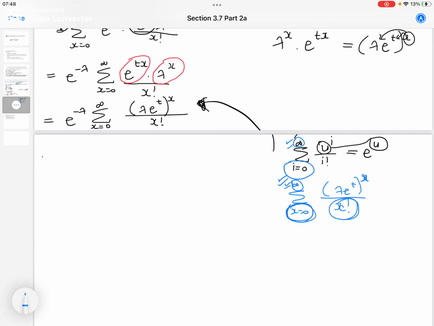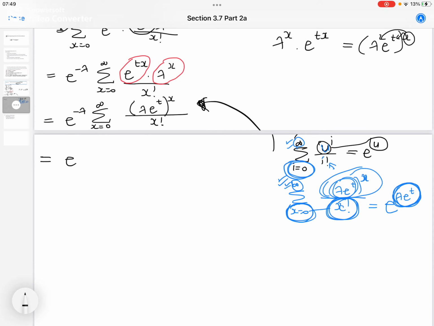Okay, so the denominator must be x factorial, good, since there we have i factorial where i goes from 0 to infinity. In the numerator we have u to the power i, and here we have that item to the power x. And so we could say, using this result, that that sum is equal to e to the power lambda e to the power t. Isn't that true? U, in this case, is lambda e to the power t.